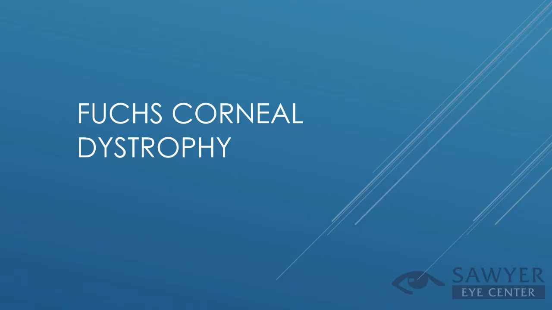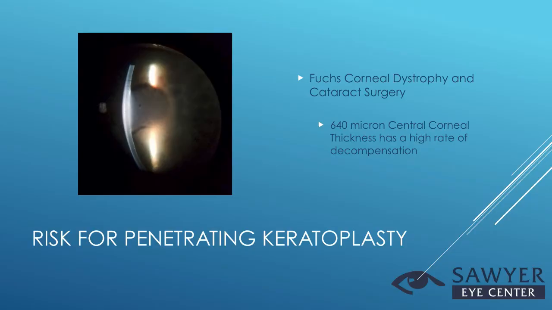Let's jump right into Fuchs corneal dystrophy in the setting of cataract surgery. I've been out of my residency for 10 years now. When I was in there, we were taught corneas that had a thickness of 640 microns with Fuchs corneal dystrophy had a high rate of decompensating with cataract surgery.